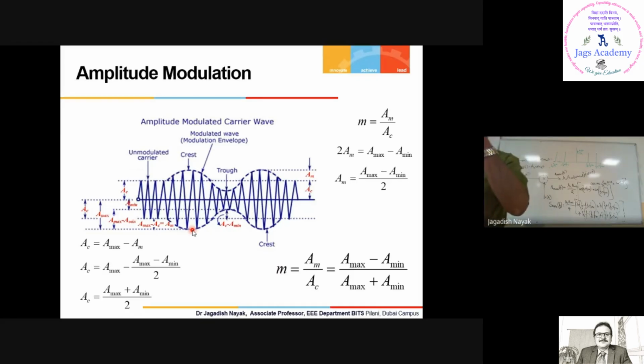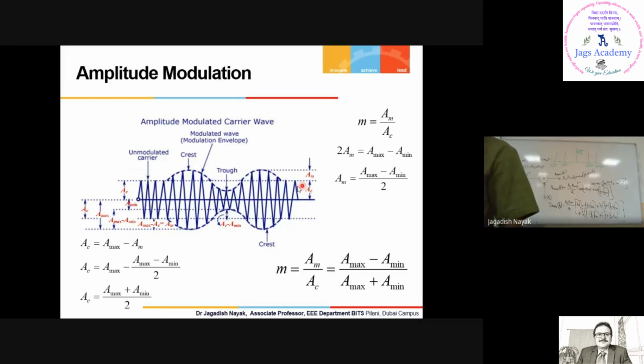Please keep it in mind: here I am using every amplitude as A. It need not compulsorily be A, it can be V also. Instead of all the A's here, all A's can be replaced by V from your side. Doesn't matter.